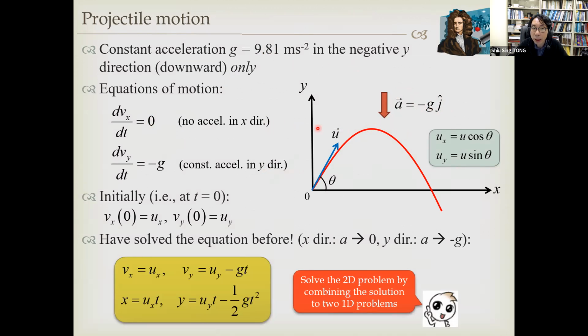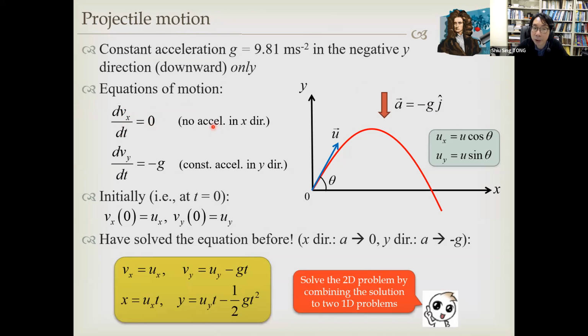Now, I can decompose the equation of motion into 2 parts, the horizontal motion and the vertical motion. For the horizontal motion, the x component of the velocity does not change with time, because it is not subject to any acceleration. So dvx/dt, which is the acceleration, is 0.